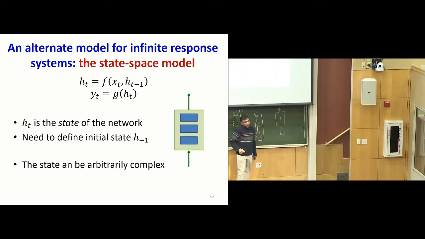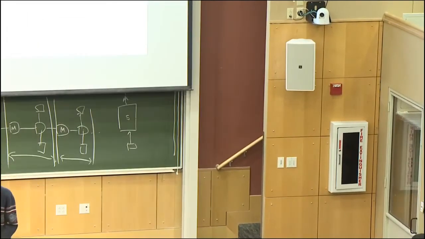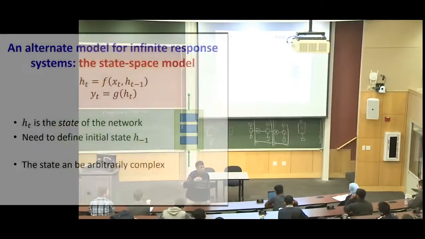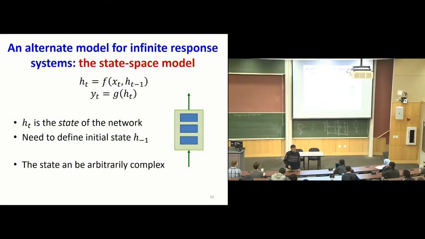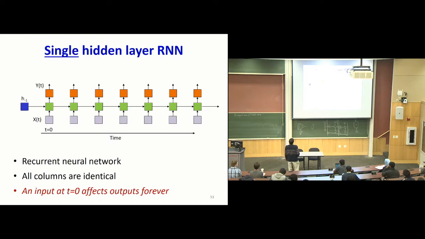I haven't actually specified what's inside the state block. That can be arbitrarily complex. So you could actually have multiple layers of hidden variables inside the state. If this is a neural network, you can have many layers of hidden values within it, right? So the state can be arbitrarily complex.